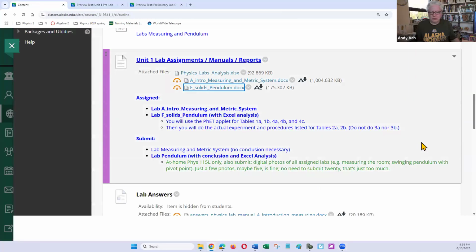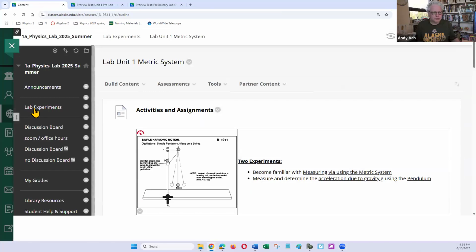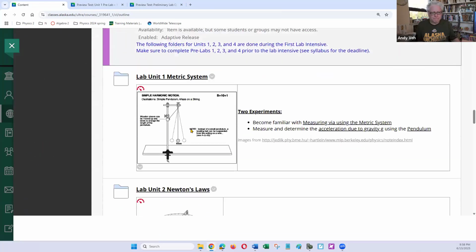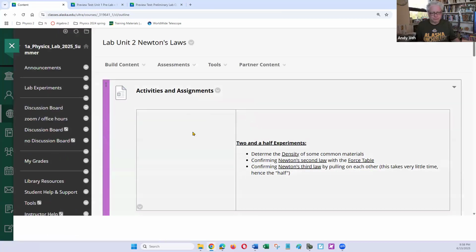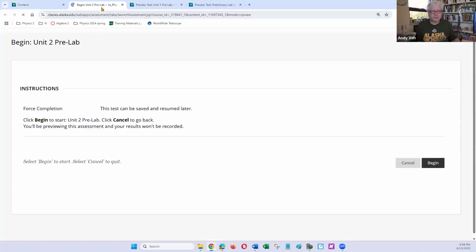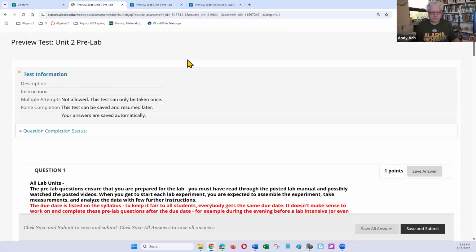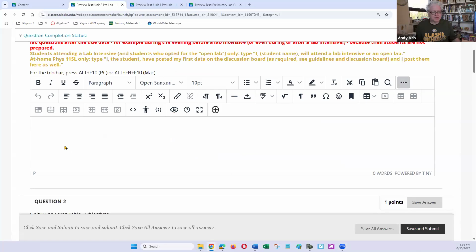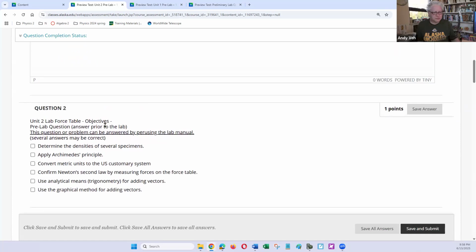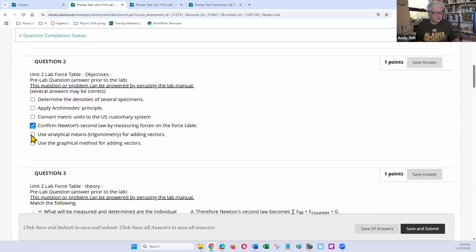All right, so pre-lab 2 and lab experiments, unit 2. Lab 2, same thing as before. First one is about the force table. Click the last 3, I believe.